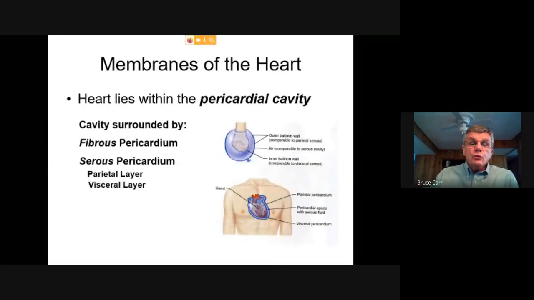So the visceral layer, as I said, is shown on that right-hand diagram where the fist is shoved into a balloon. You can see the membrane of the balloon that is closest to the fist would be like the visceral layer of the serous pericardium, and the outer layer would be an outer layer that is going to interact with surrounding organs, in this case the big tubes and the lungs most prominently.